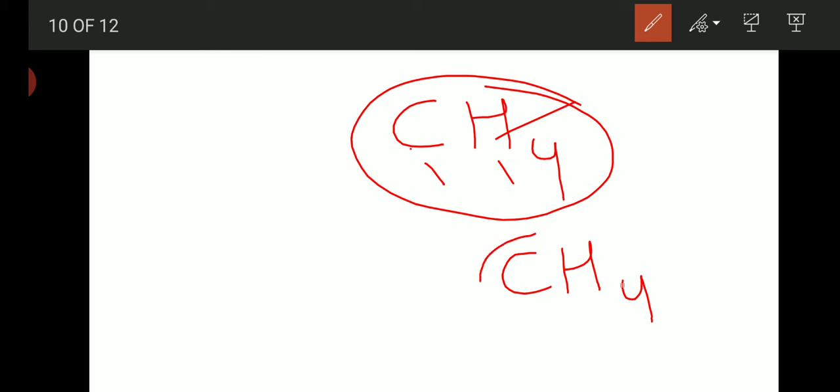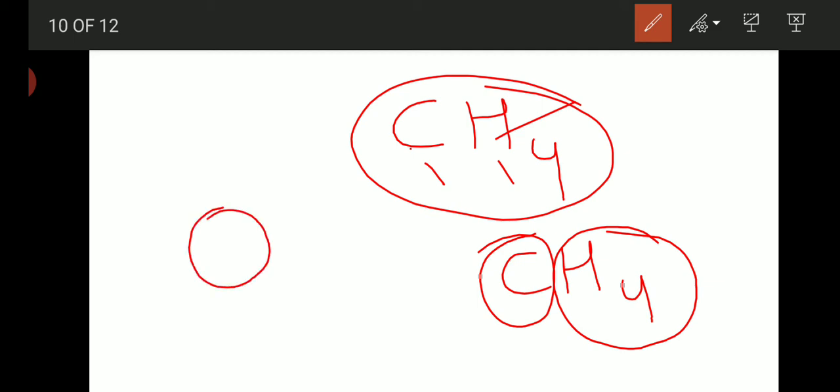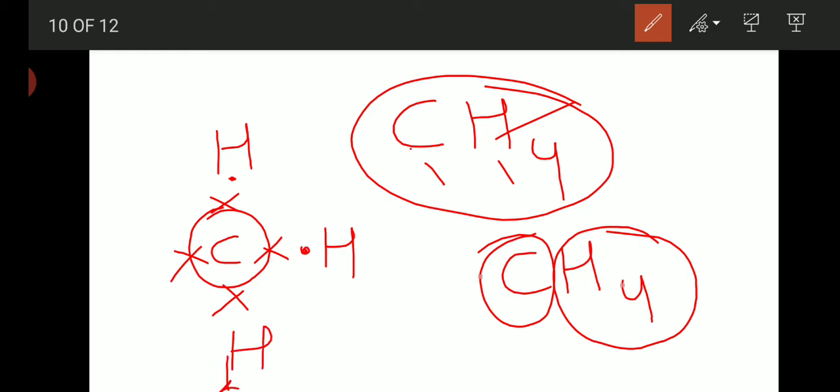See, carbon has 4 valence electrons. Those 4 electrons are combined with the 4 hydrogen atoms to become stable. If you draw the carbon atom, it has 4 valence electrons and these 4 electrons are shared by 4 hydrogen atoms.